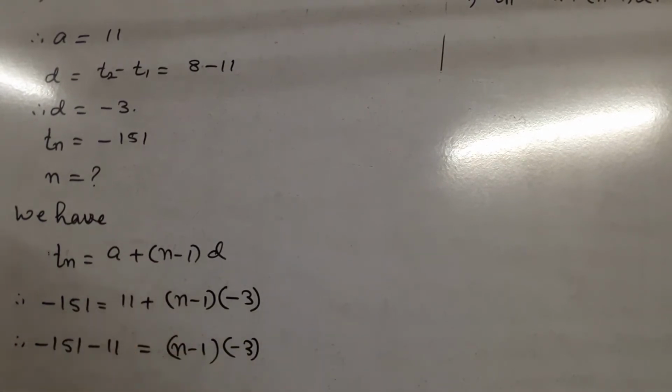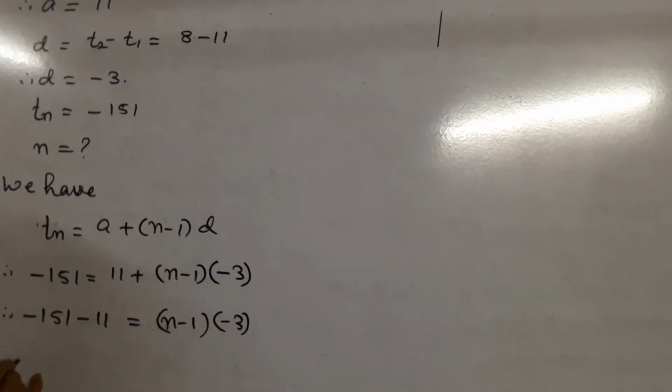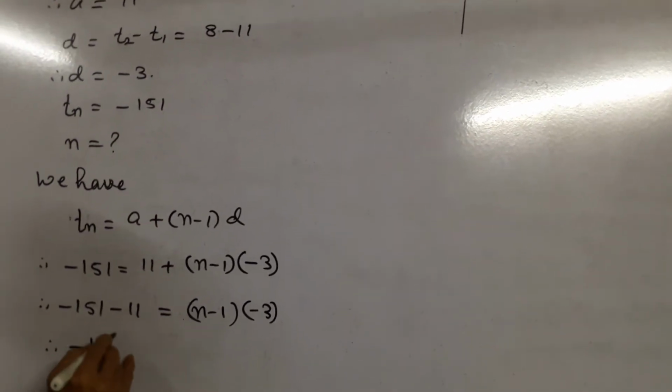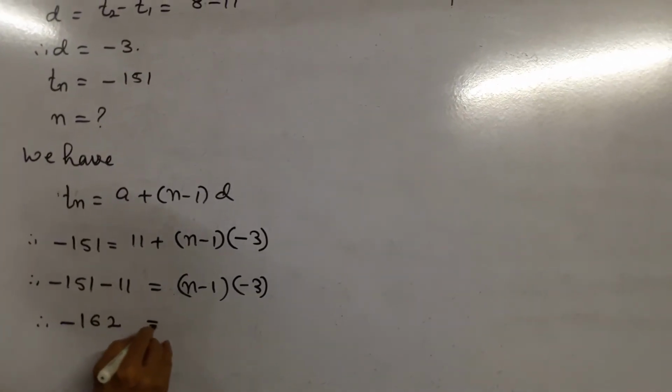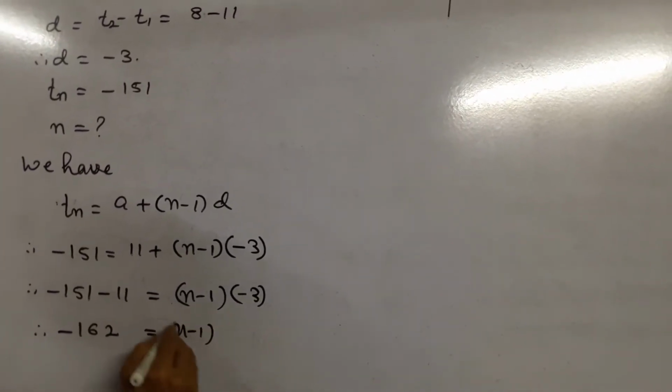So we have brought 11 this side, so it will become negative, both negative, and together will become minus 162. So both numbers you have to add and give the same sign, and that is equal to n minus 1 into minus 3.